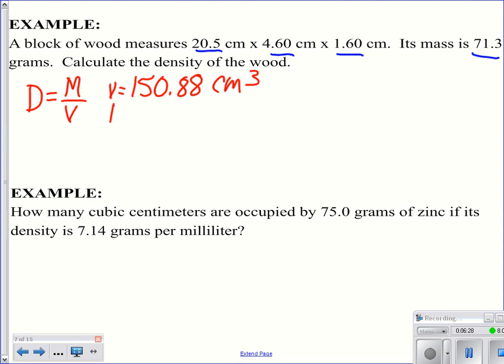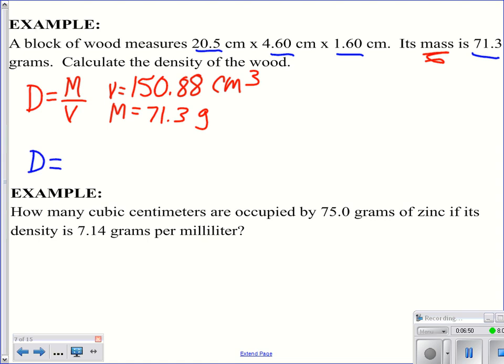All right, I know my mass also, it's given to me. Even if it didn't say this word right here, if it said you had a 71.3 gram block of wood, you need to know grams is telling you mass. So 71.3 grams. This is just as easy as you think it is.